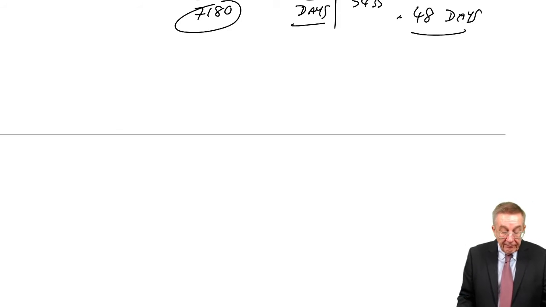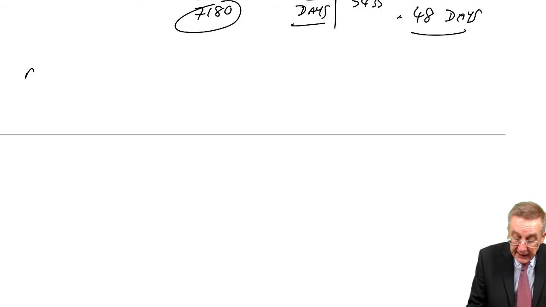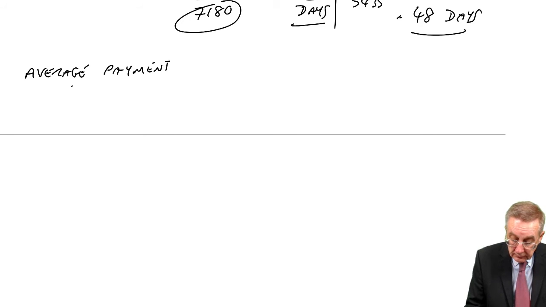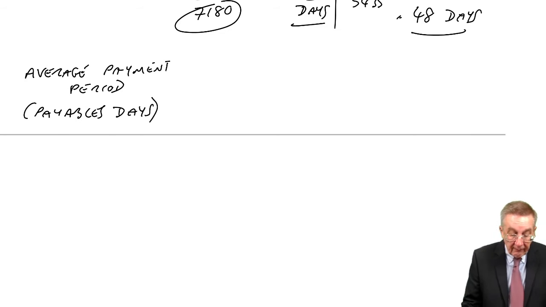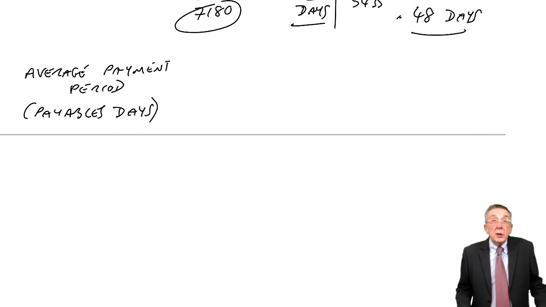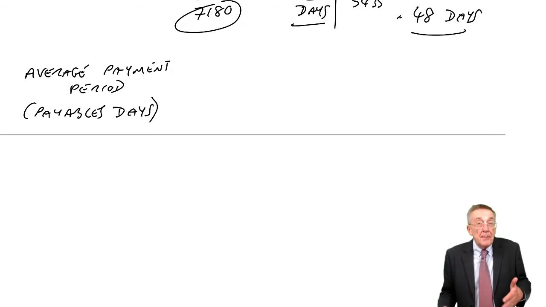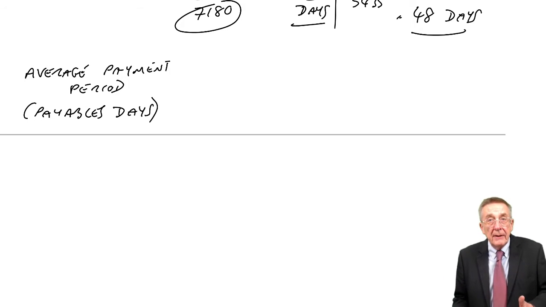Let's carry on though. In exactly the same sort of way, we can look at the average payment period, or payables days, which is looking to see how long we take to pay our payables, our creditors.